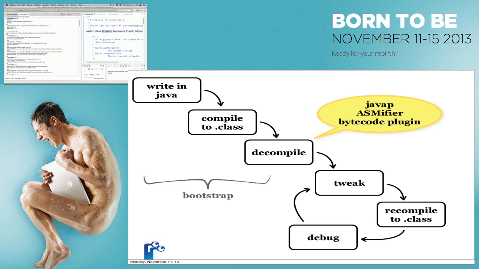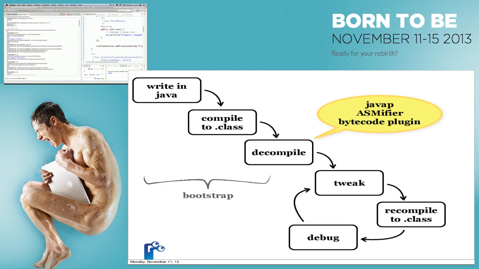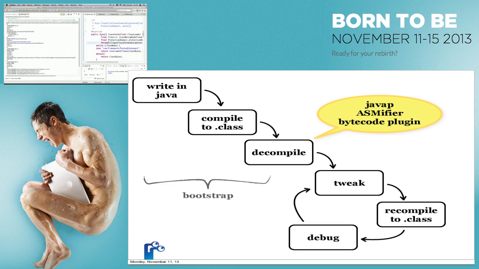Sorry for the font size. But what it does, it allows you to go to any method, click in it, and it'll show you the bytecode for that method, right? So the whole javap thing, I've been using it, like I said, because it's always there, and this is something you may or may not have. You may or may not use Eclipse. But this shows you what javap showed you earlier, but for whatever code you happen to be editing at the time, which is a very nice touch.